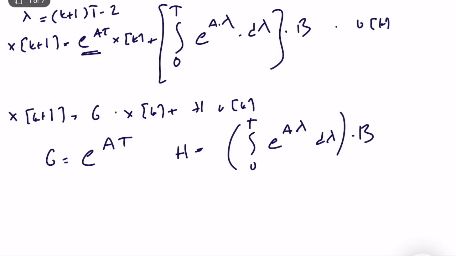How you can compute G is very easy. Simply compute the state transition matrix, but instead of small t, use capital T, the sampling time.